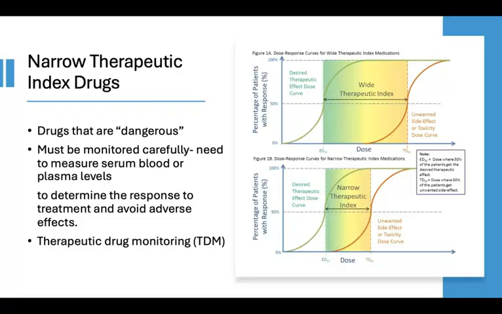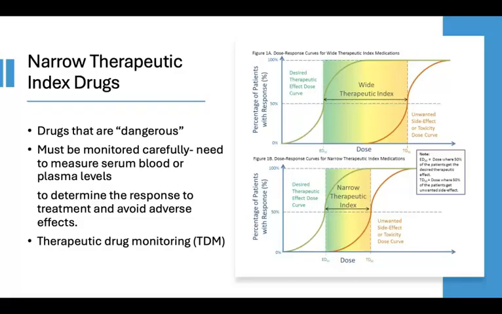So we have to monitor the drug levels very carefully, measuring the serum blood or plasma levels. Sometimes when we're starting medications on a patient, we may be measuring drug levels every day, every other day, every 2 or 3 days, every 4 days or every week, depending upon how frequently the drugs need to be monitored for their degree of toxicity.